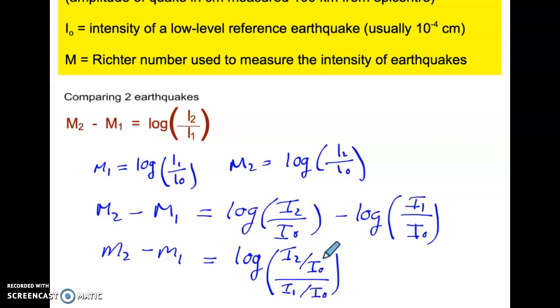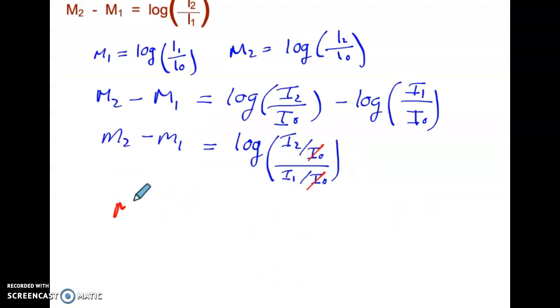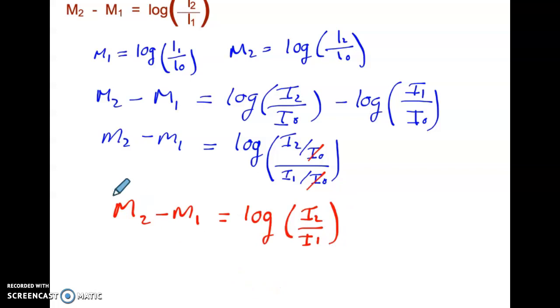And since they both have I naughts on the bottom, they would cancel out, and I'd be left with M2 minus M1 equals the log of I2 over I1. So this is actually the formula that we can use to compare two earthquakes. Inside here is the ratio of intensities.